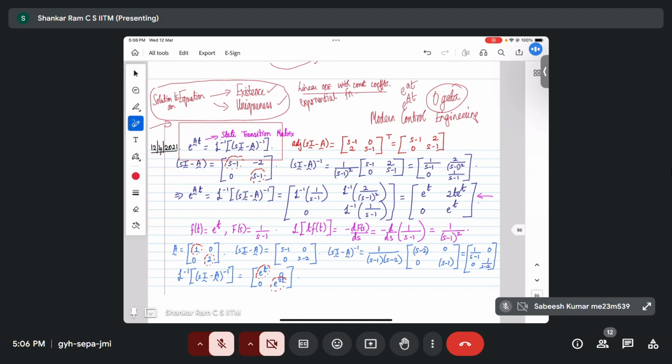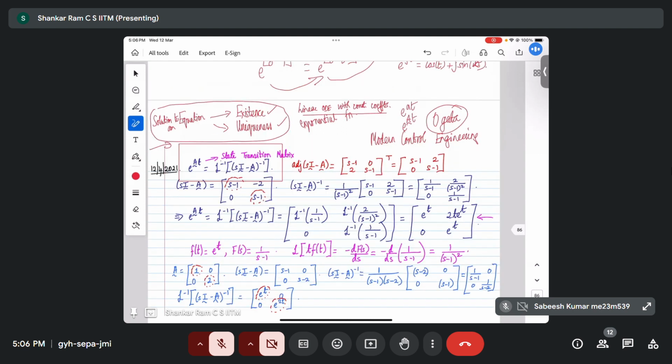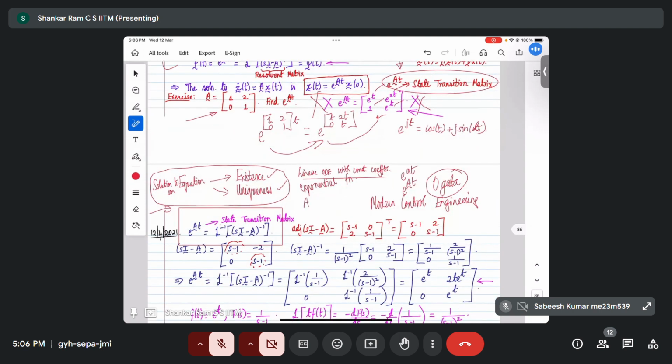For our example, A was 1, 2, 0, and 1. We form sI minus A, which becomes s minus 1, minus 2, 0, and s minus 1.